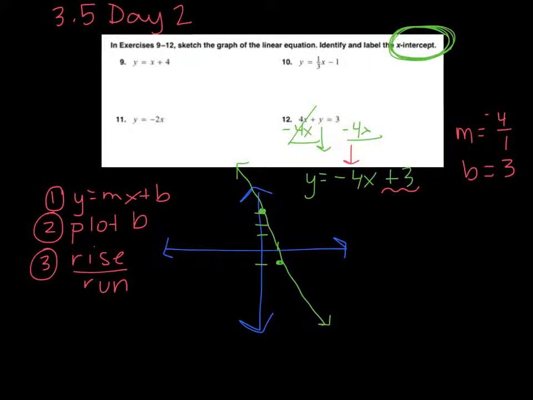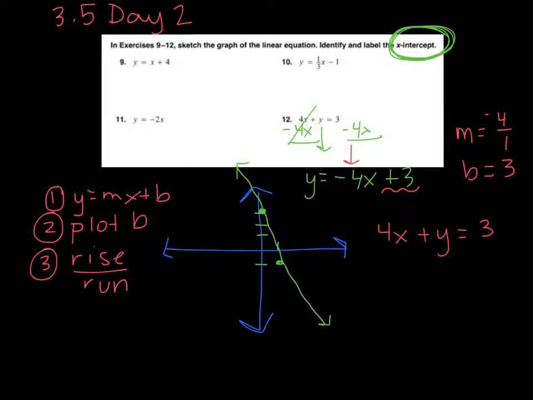And this is a great time to review how to find the x-intercept. On this particular graph, I can't really tell where it's crossing x because I don't have an actual point there. So I'm going to go back to my original equation, which was 4x plus y equals 3. Now we just spent a ton of time, 2 weeks, on calculating intercepts.